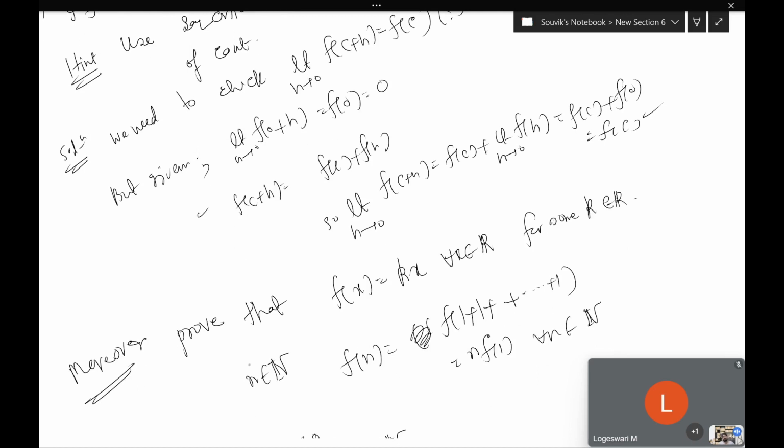Now we can use the additivity property: f(c plus h) is equal to f(c) plus f(h). This gives that the limit as h goes to 0 of f(c plus h) is equal to f(c) plus the limit as h goes to 0 of f(h). This is f(c) plus f(0), which is f(c) because f(0) is 0. So the continuity part is done.